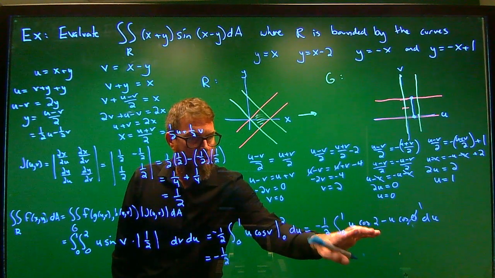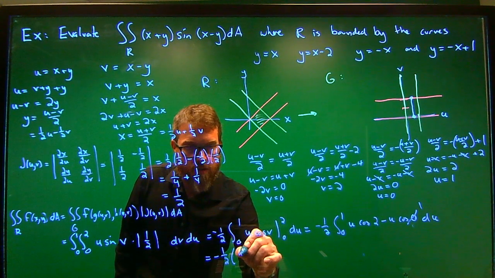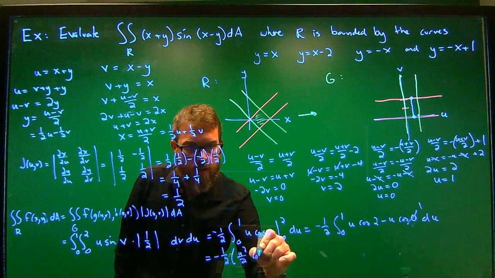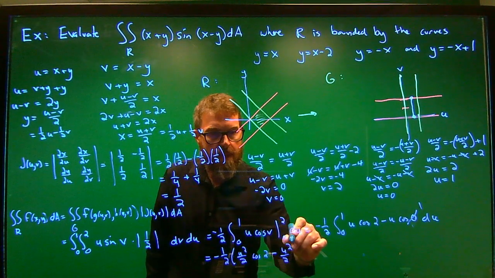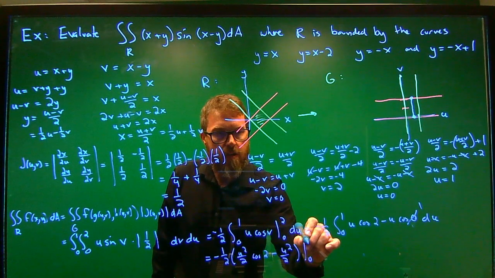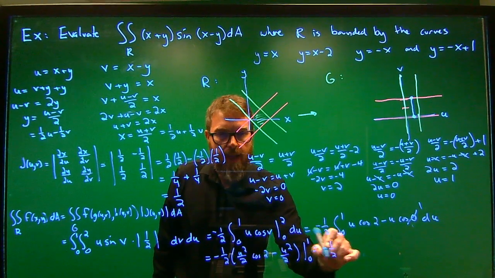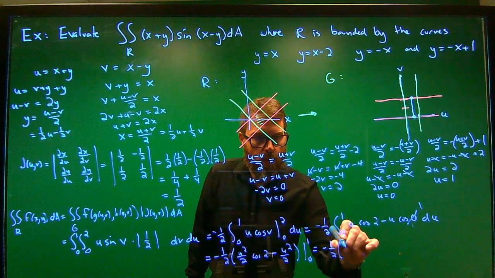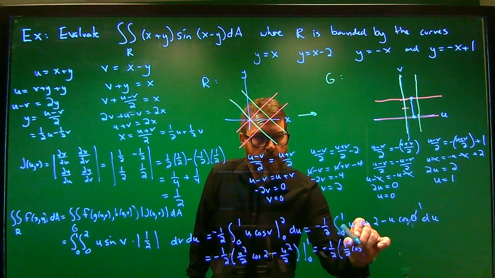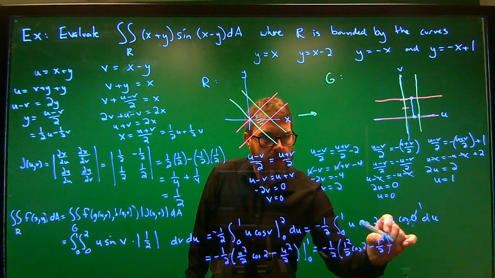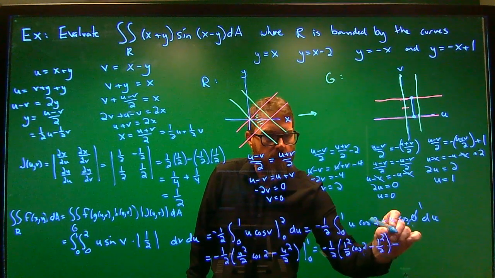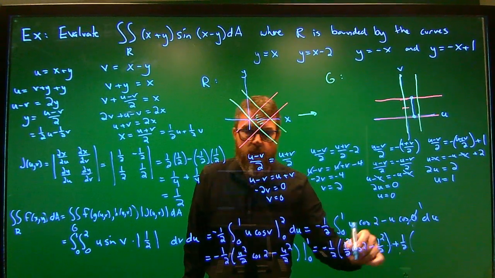The integral of u is going to be u squared over 2. So this is u squared over 2 cosine of 2 minus u squared over 2 evaluated from 0 to 1. So minus 1/2, 1 squared over 2 cosine 2 minus 1 squared over 2, minus the evaluation when you plug in 0.